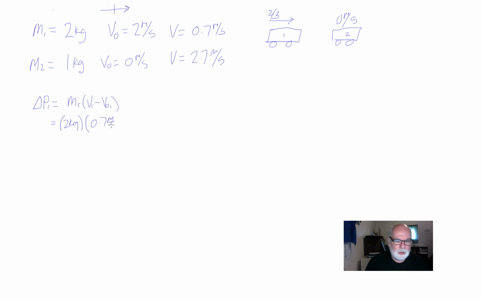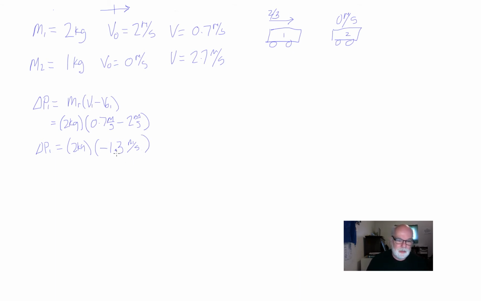0.7 meters per second minus its initial velocity, which was 2 meters per second. So delta P1 would be the 2 kilograms times 0.7 minus 2, which is negative 1.3 meters per second.